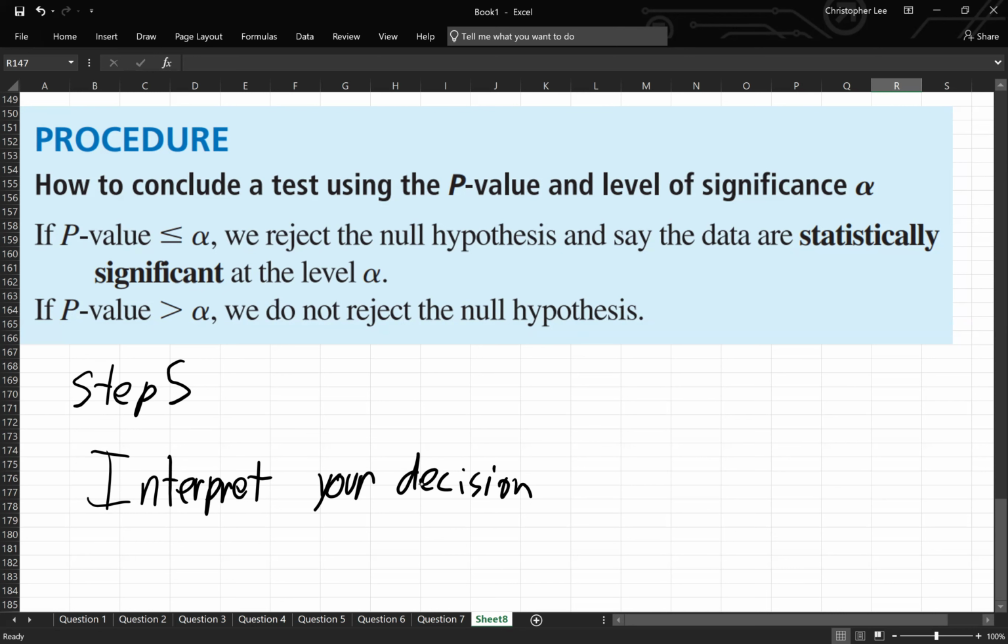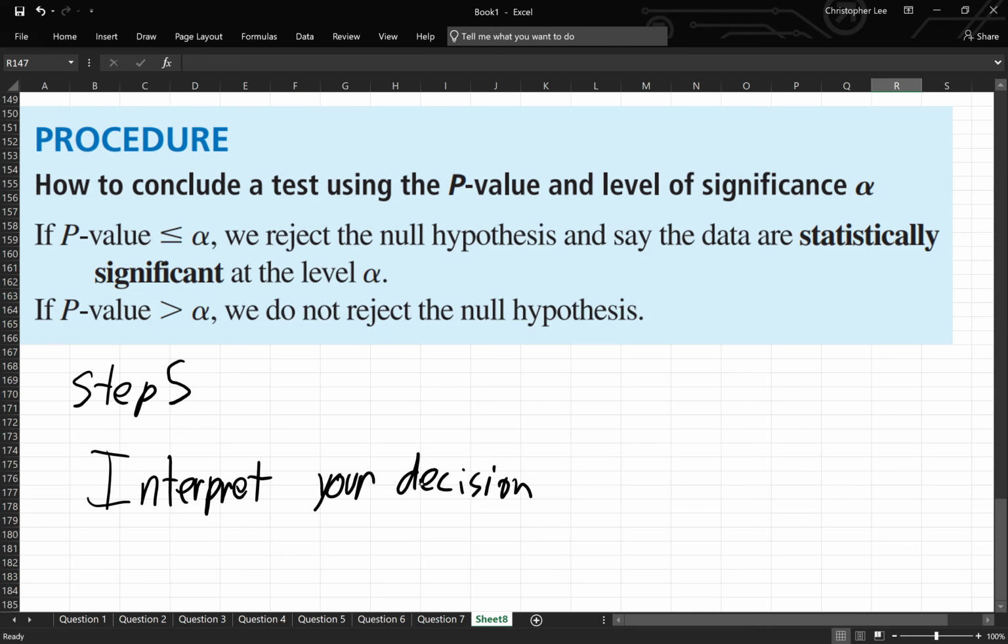So what does that mean? Let's say that I reject the null hypothesis. My interpretation would then be that there is enough statistical evidence to conclude that the null hypothesis is not true. That's if I reject the null hypothesis.